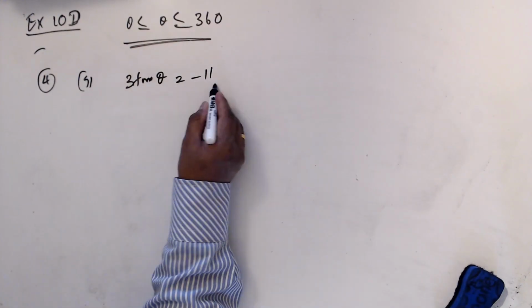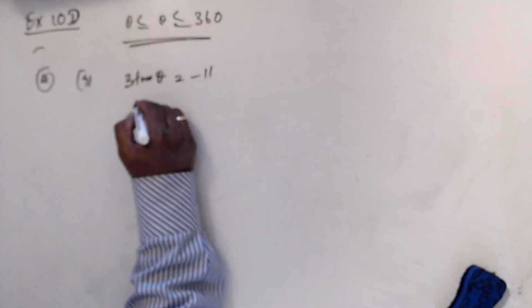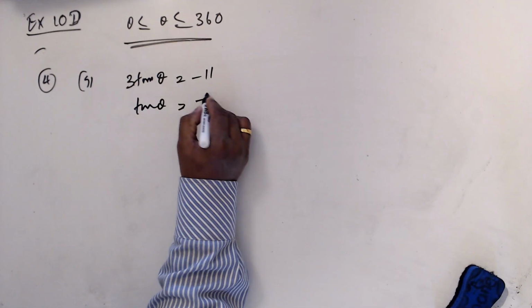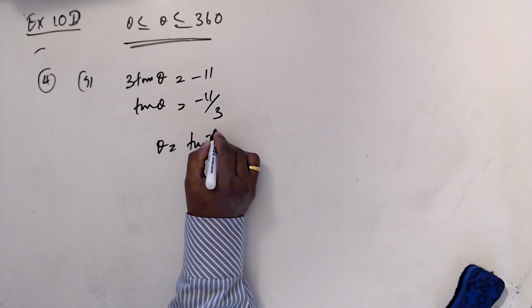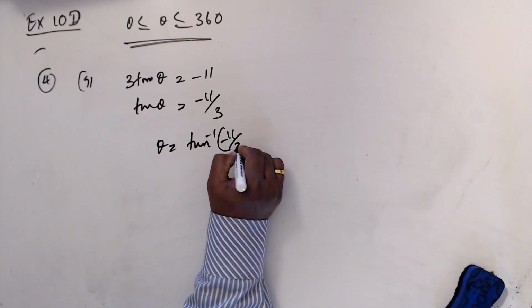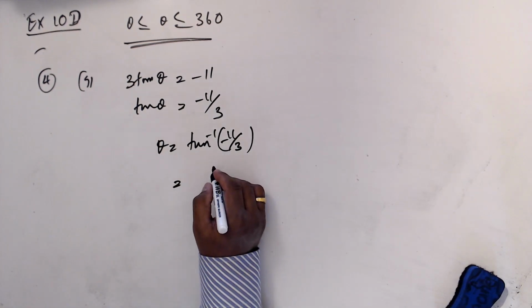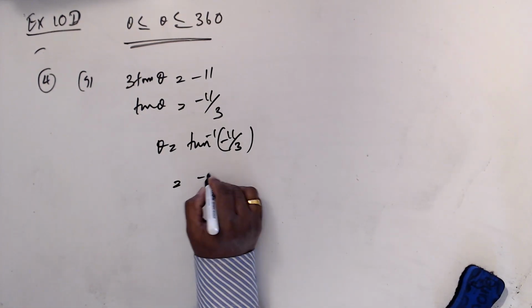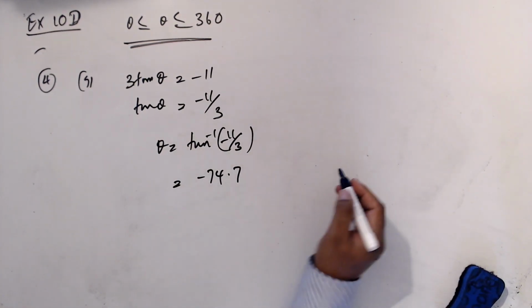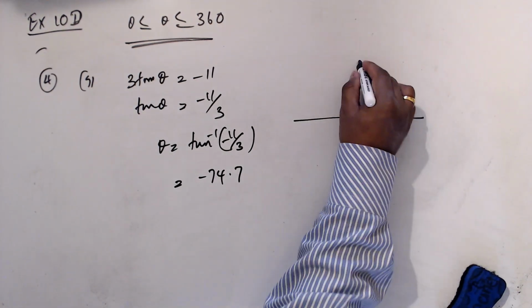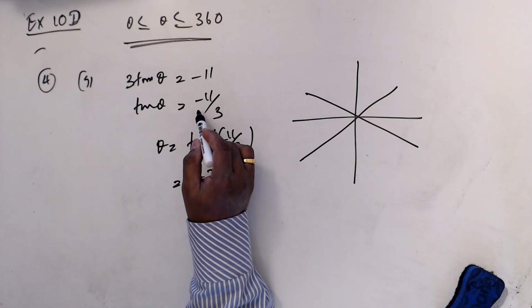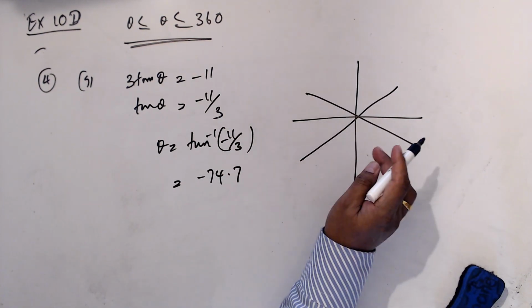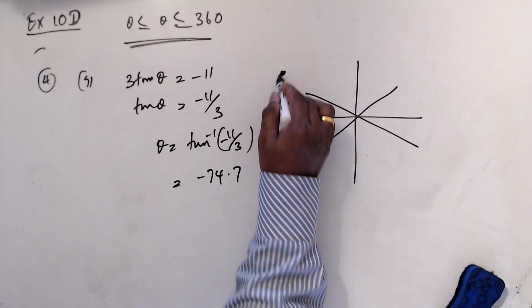Now G3, tan theta equal minus 11 over 3. Theta equal tan inverse minus 11 over 3. This angle is going to be minus 74.7. This is acute. Tan is negative on this one and this.